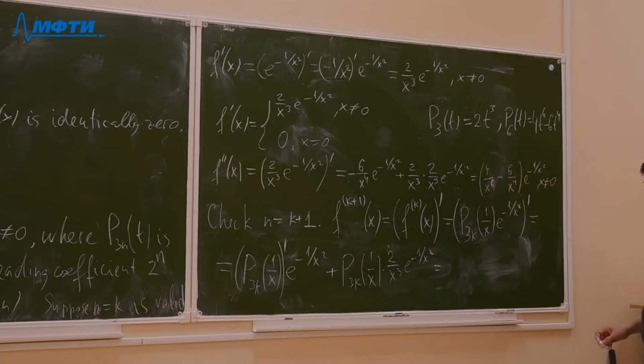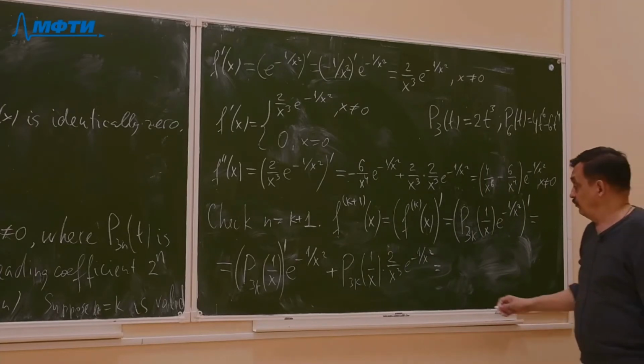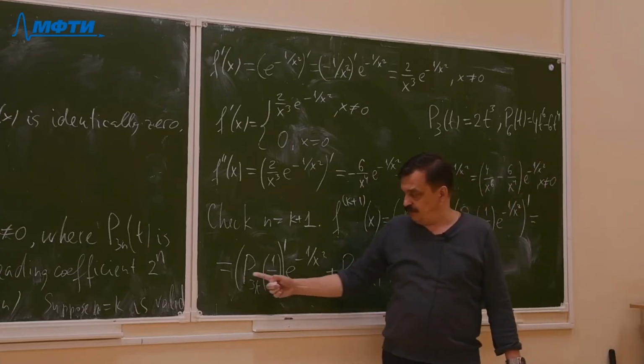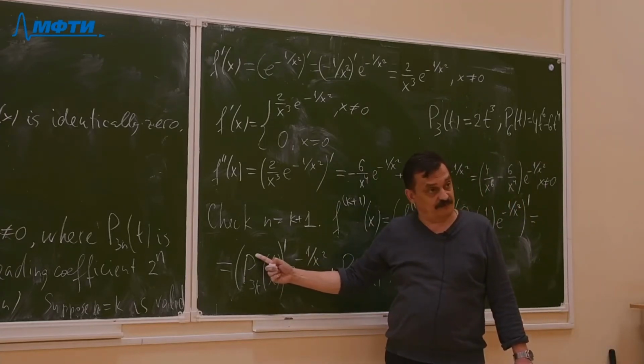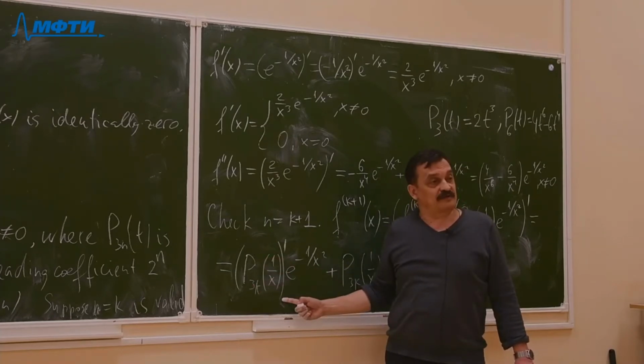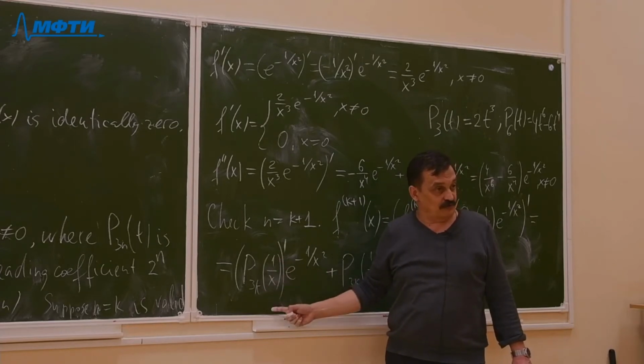So, what is it? Let me unify. The derivative of the polynomial, in fact that is not a polynomial, that is a rational function, a polynomial of 1 over x, right?